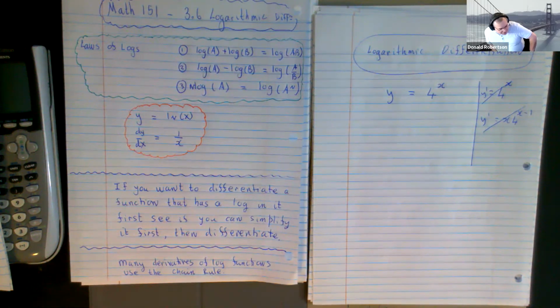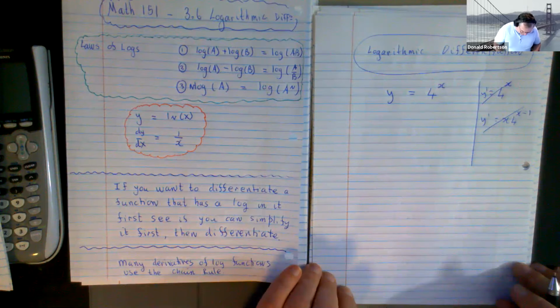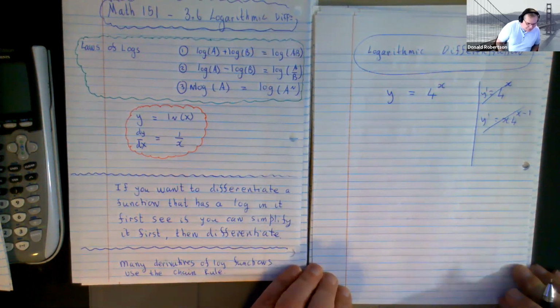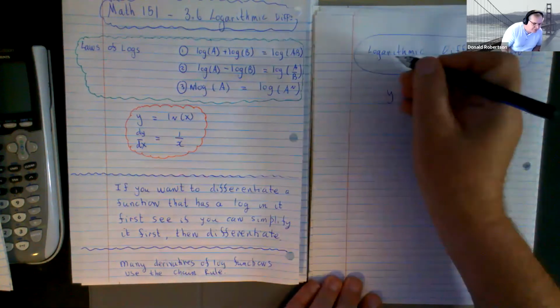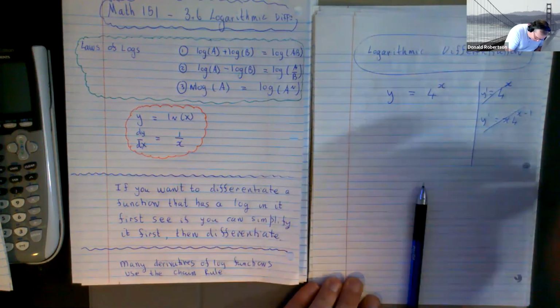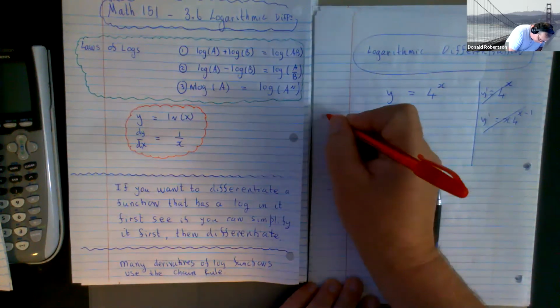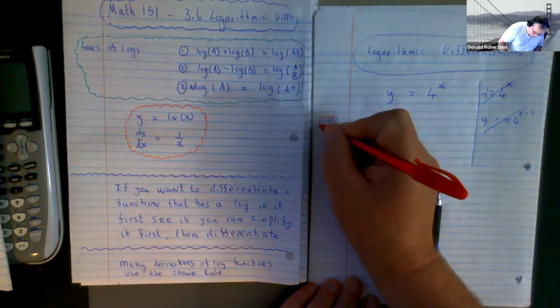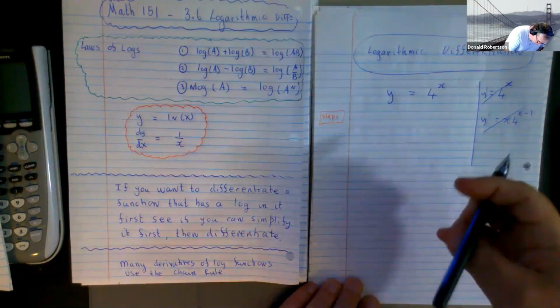So just because it's easy doesn't mean you should remember it. So you are now going to ingrain in your brain, never use those things, they don't work. What we are going to learn is how to find the answer using logarithmic differentiation. And here is step 1. Take the natural log of both sides.